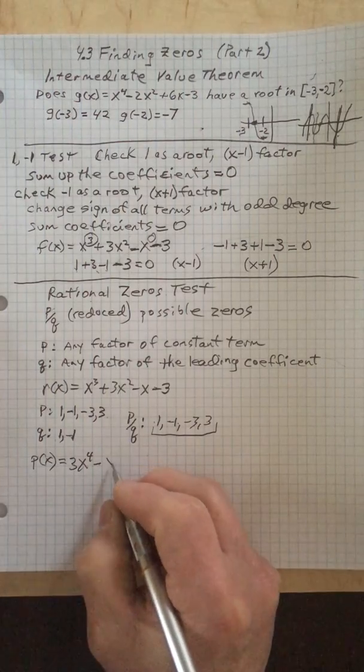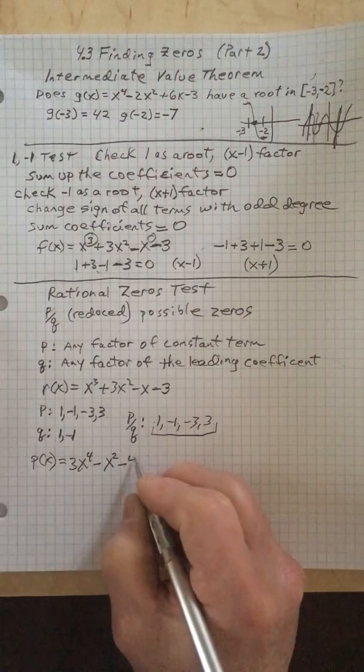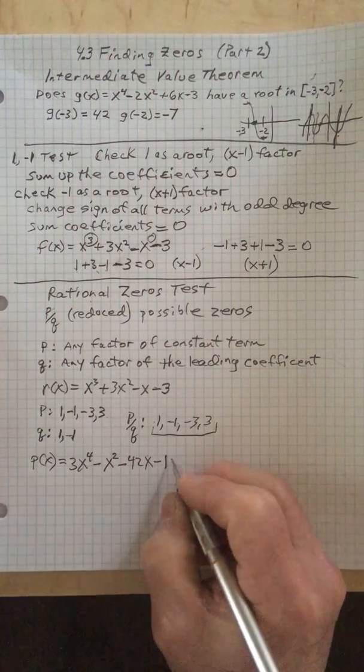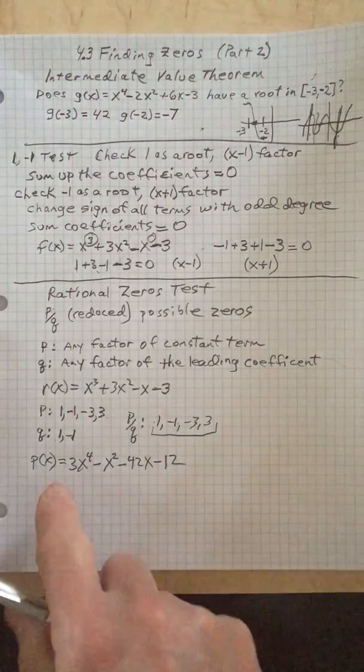3x^4 - x^2 - 12. Okay, here's our new polynomial. What we're doing here is we're looking for zeros.